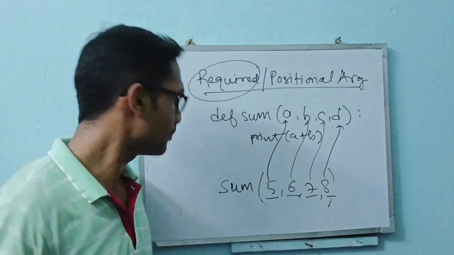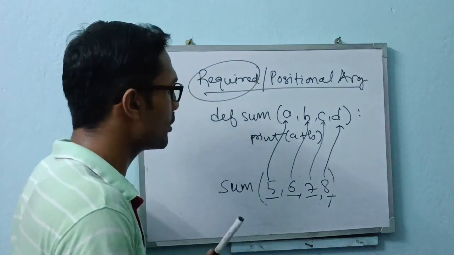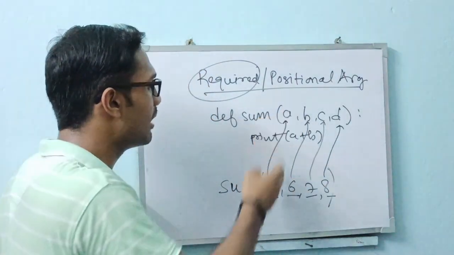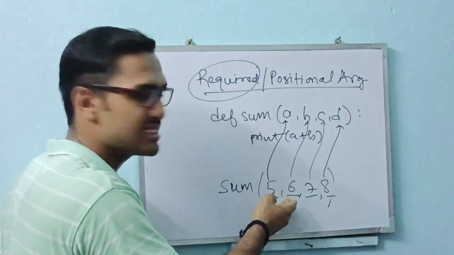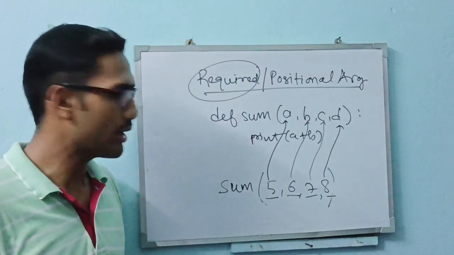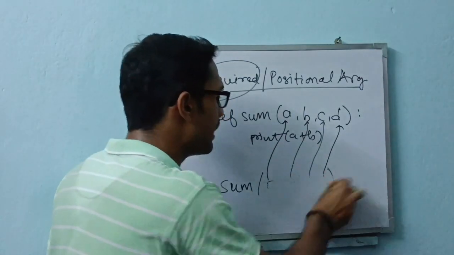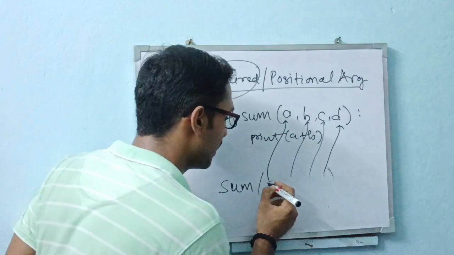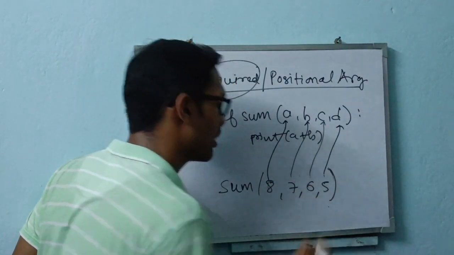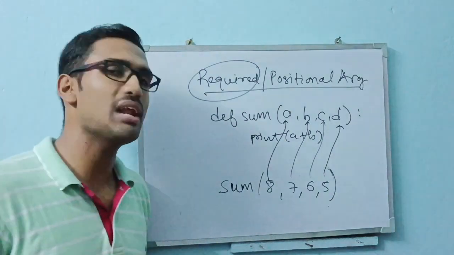Clear? Simple. Now suppose I change the order, so 5, 6, 7, 8. So A is now having 5, B is now having 6, C is now having 7, D is now having 8. Okay. Now if I change the order, so 8, 7, 6, 5, comma, comma, comma. Now what will happen?